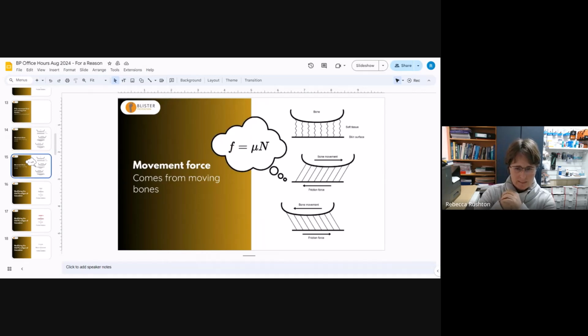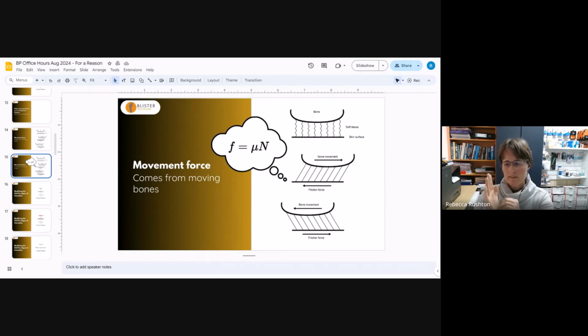This friction at the skin surface or at any interface is a product of two things. It's a product of the coefficient of friction, which is just a descriptor. It's a dimensionless number that describes the way two materials interact with one another, so just the amount of slipperiness or grippiness between those two materials.